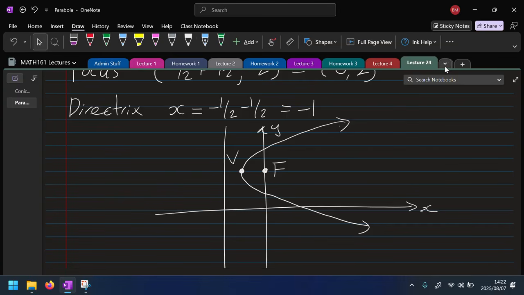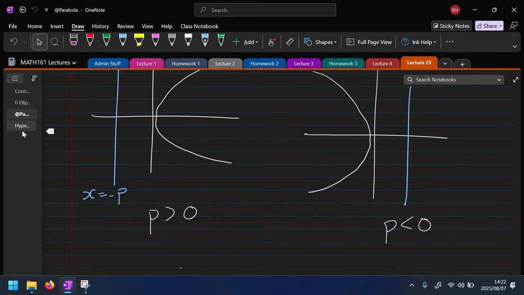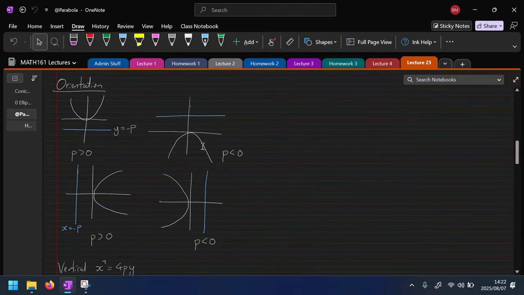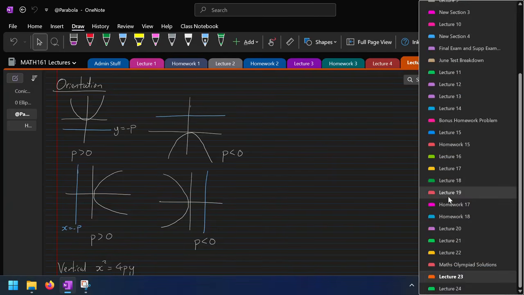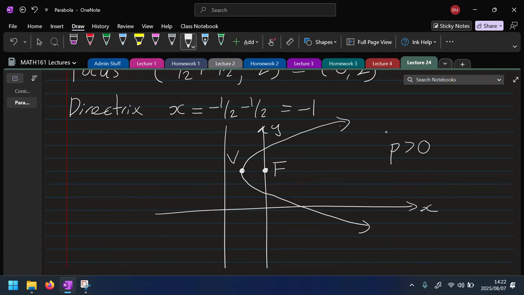Again, if you forget your orientations, go back to the lecture. Where is it? Here. The 4 orientations of the parabola. So we were looking at this case here, because our p was greater than 0. So it's this one. Here, p greater than 0.